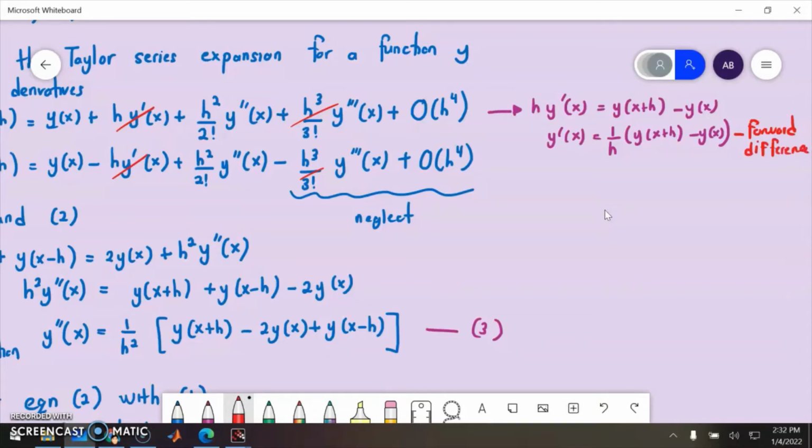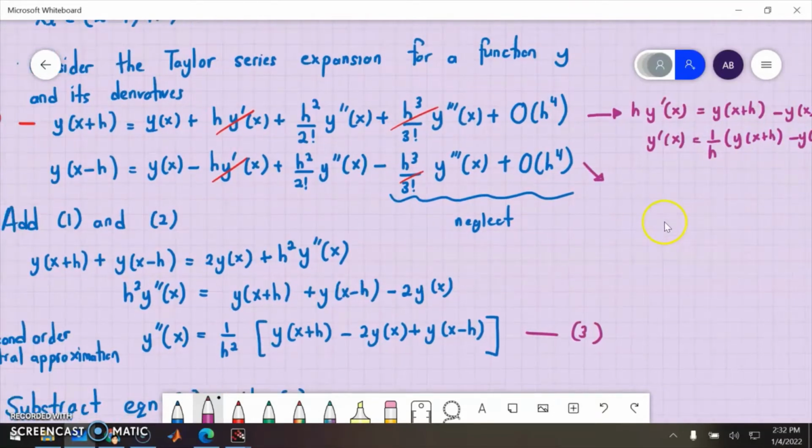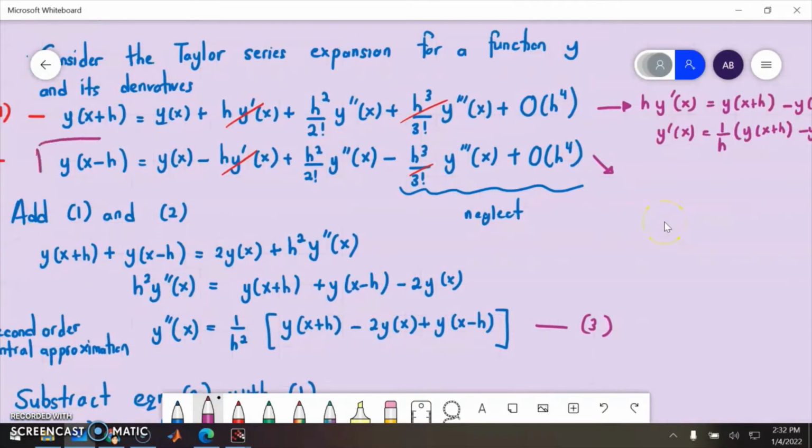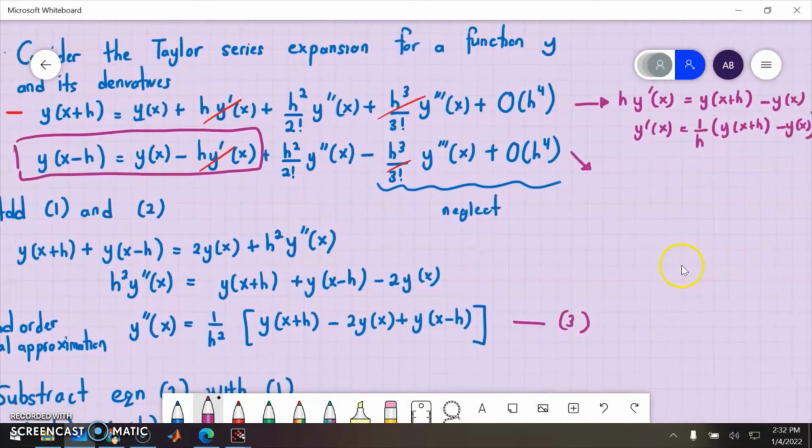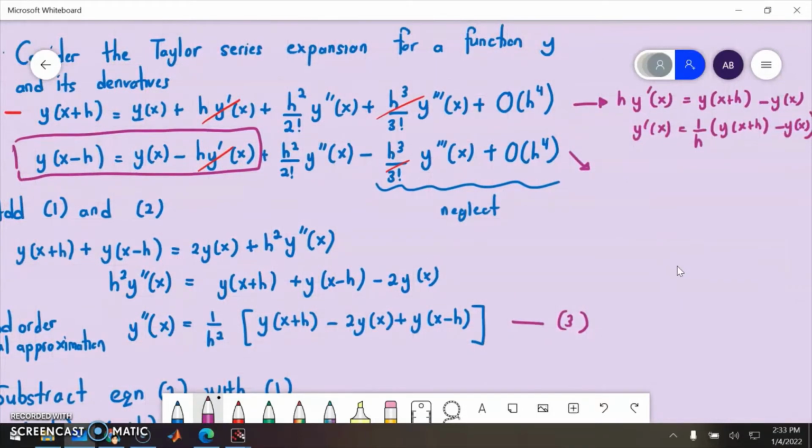Now similarly for this term here, if I'm just considering up to the first derivative, just this equation here, what do I get? I'll get the backward difference formula. I have y prime x equals 1 over h times y(x) minus y(x-h). This will be negative because of the negative sign here, so you've got to be careful.